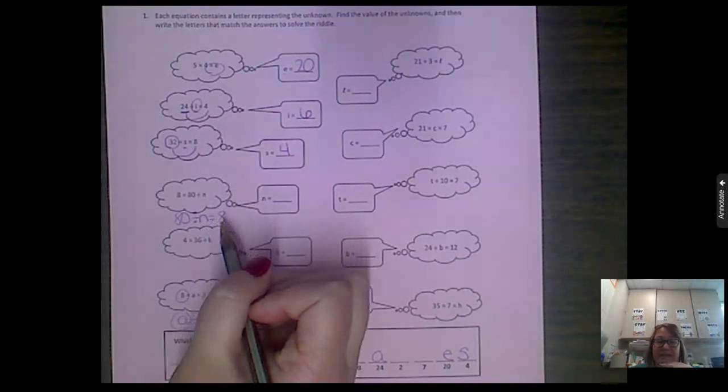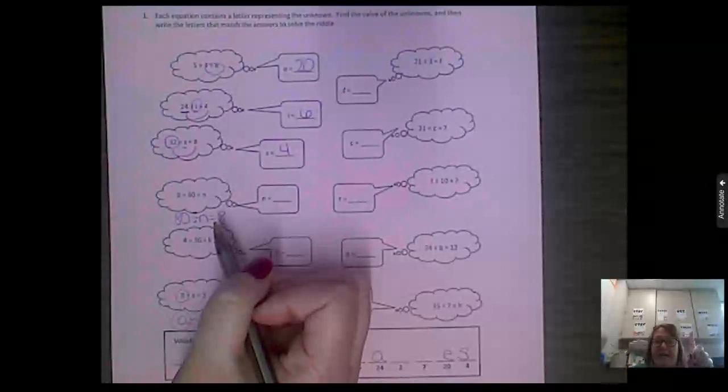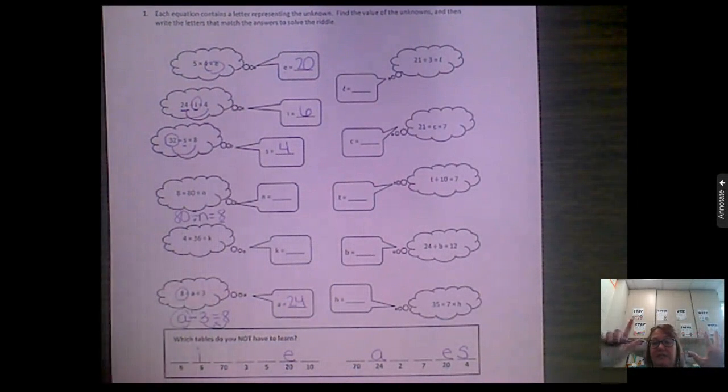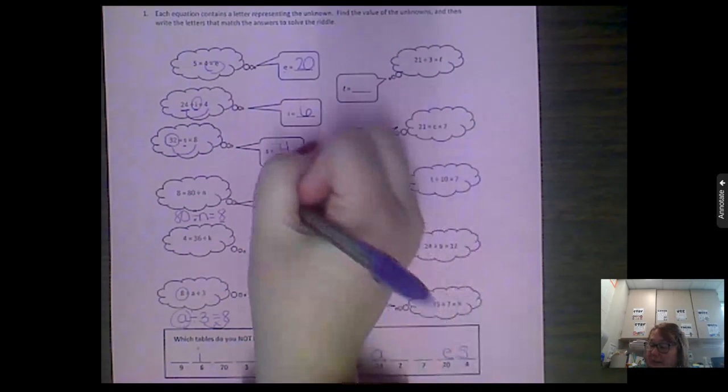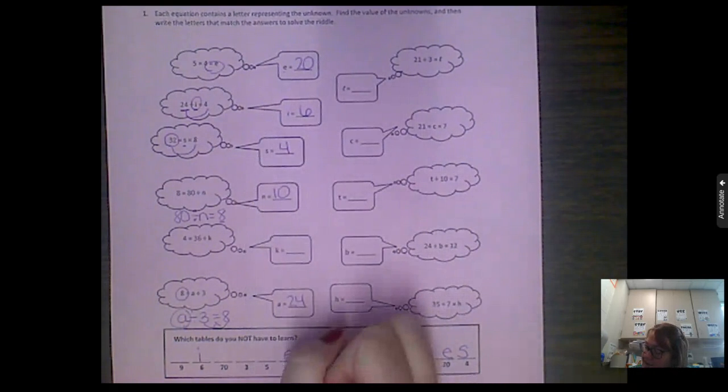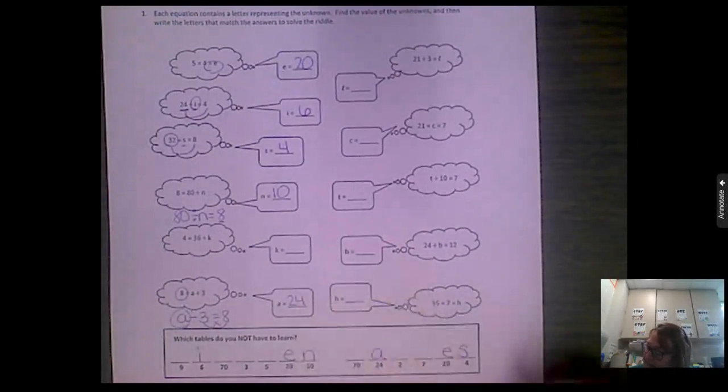Let's try counting by 10s 8 times. Ready? 10, 20, 30, 40, 50, 60, 70, 80. There we go, right? So what did we count by? 10s. So N equals 10. So now I'm going to go below and find a 10, and I'm going to stick an N there. And that's the only one.